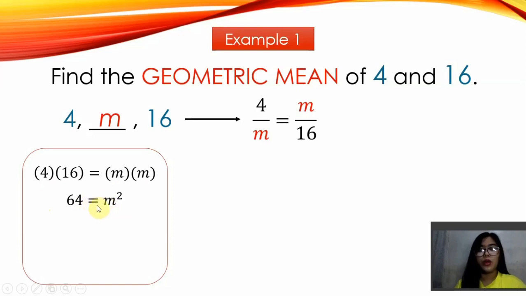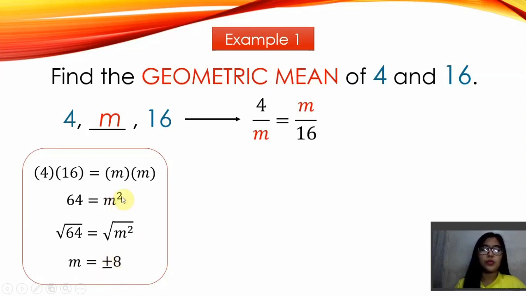So, since the exponent of m is 2, we will get the square root of 64 and m squared. So, what is the square root of 64? Okay, so the square root of 64 is plus minus 8. So you will be wondering why there is plus minus here.